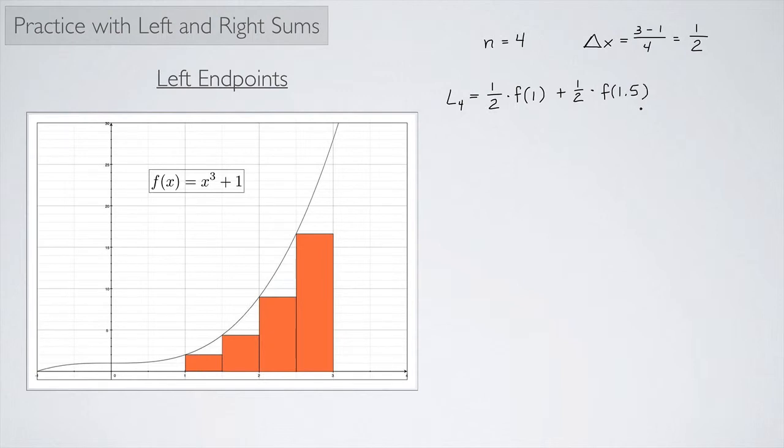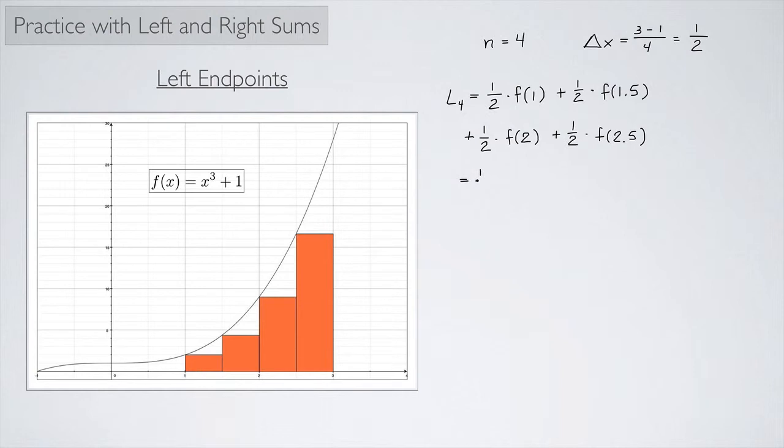And then the next one will be a half times the value of the function at 2. That's this rectangle right here, the area of this one, the third one. And then the last one, a half times the value of the function at 2.5. And if we do this, that should give us our area estimation using left endpoints.